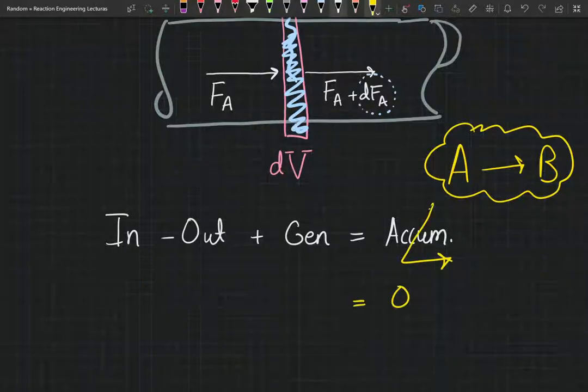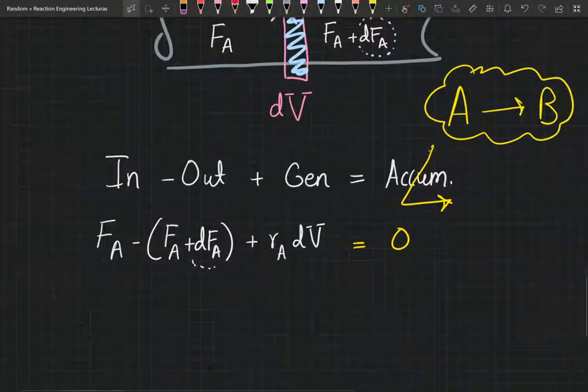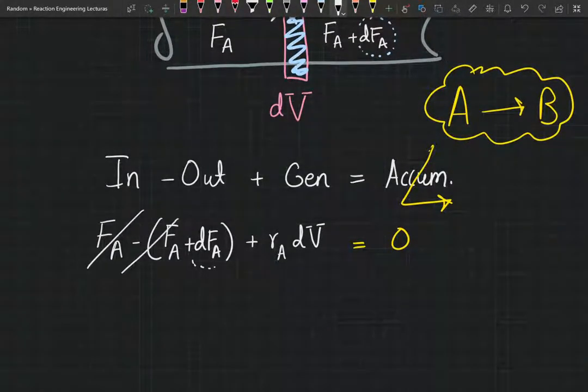My inlet stream is FA, my outlet stream is FA plus dFA, and this dFA accounts for the fact that either the species is going to be consumed or it's going to be generated due to a reaction, and this shall be accounted for by the rate expression multiplied by the differential volume. So negative dFA equals negative RA dV.